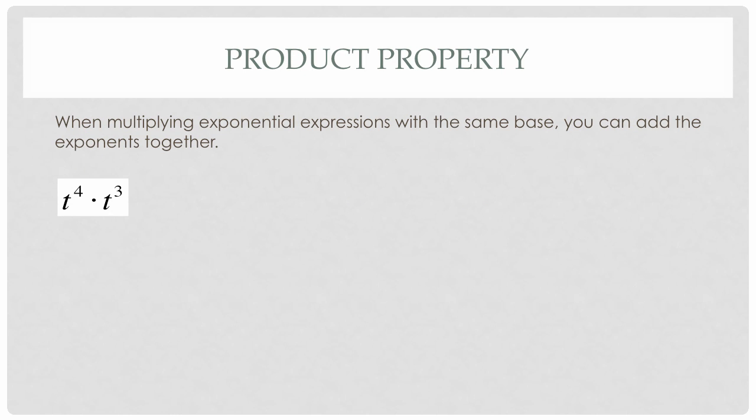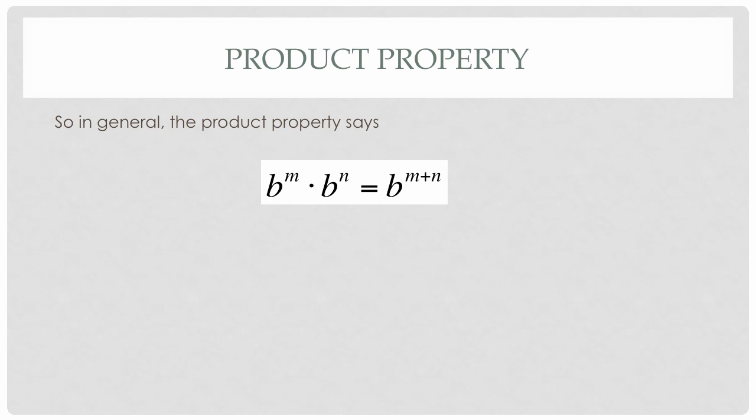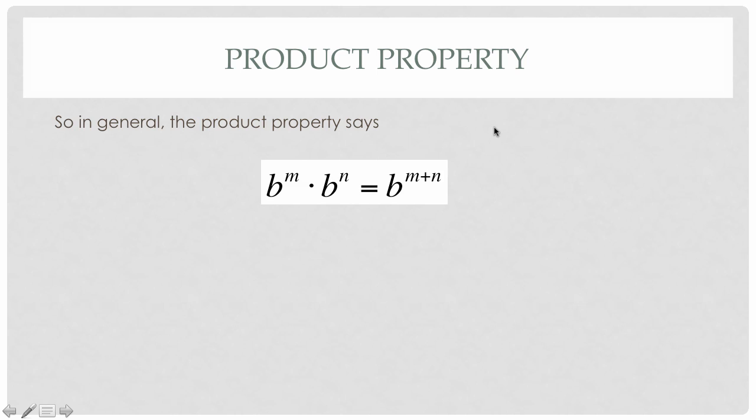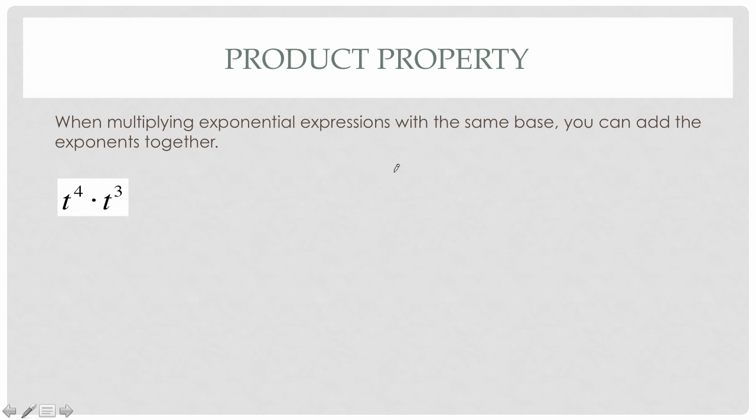When you're multiplying, that's what product means, right? When you're multiplying exponential expressions with the same base, that's key, with the same base, I'm going to underline that here, you can add the exponents together. So here we go. We've got t to the 4th power times t to the 3rd power.